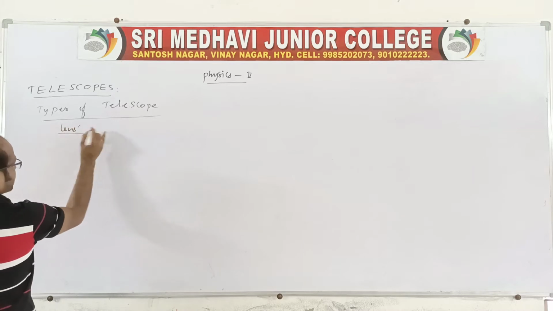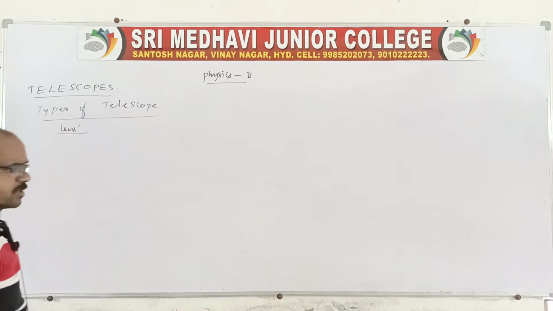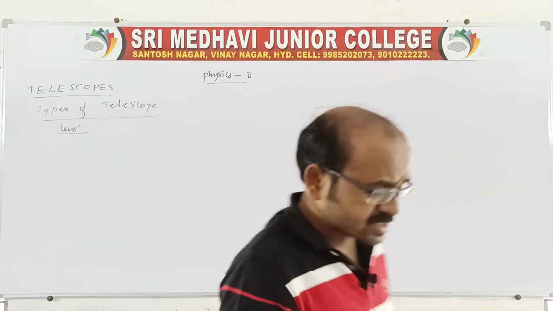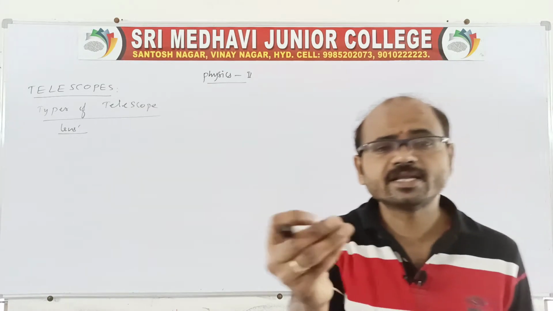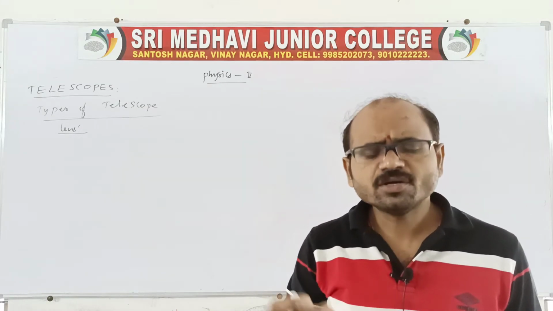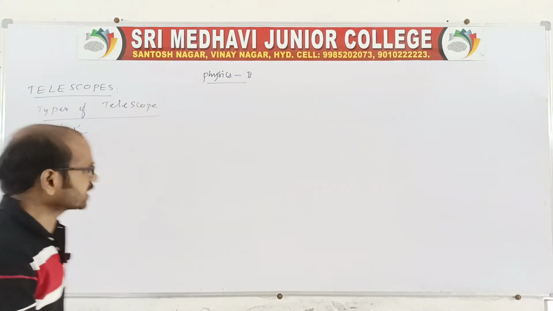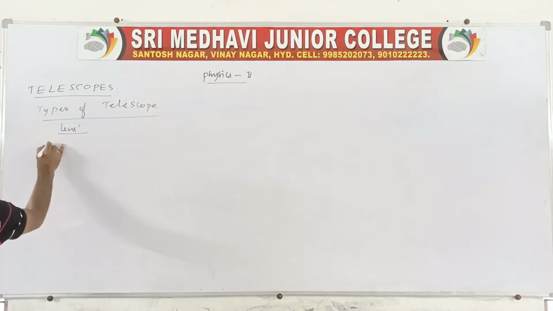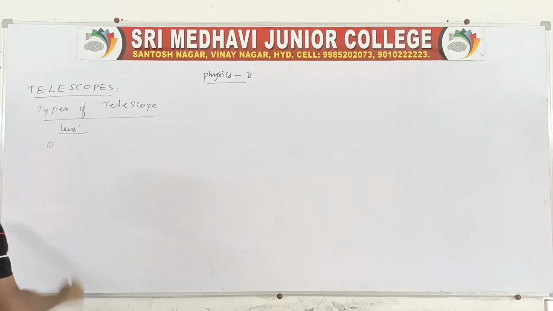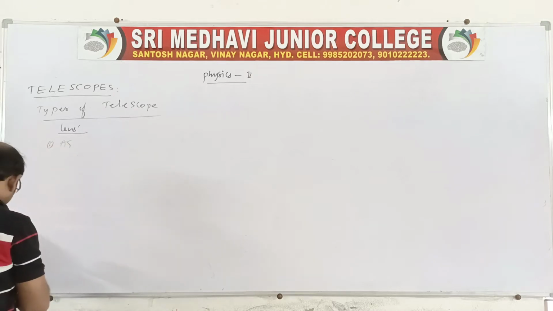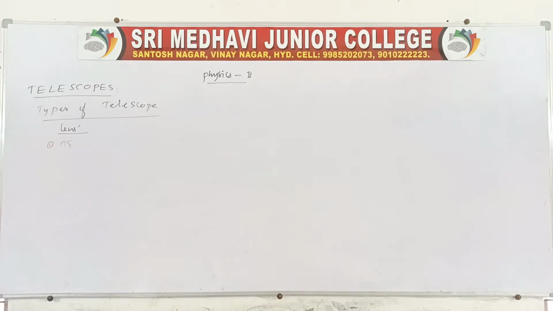We are using only lenses, not mirrors, because a mirror only gives reflection. So we have lens telescopes, that is, refracting telescopes. The first one is the astronomical telescope.